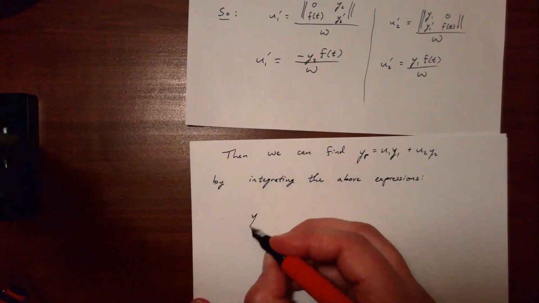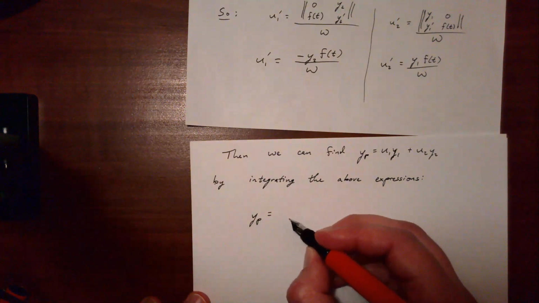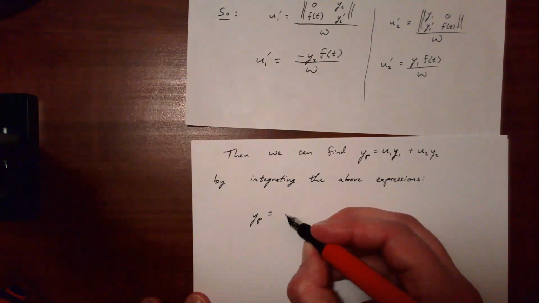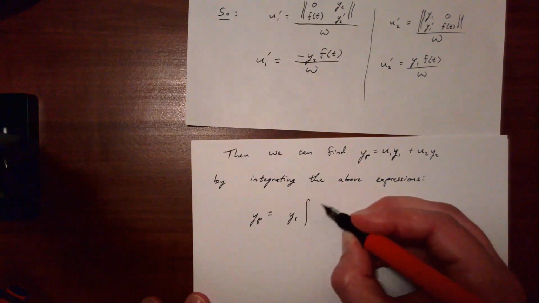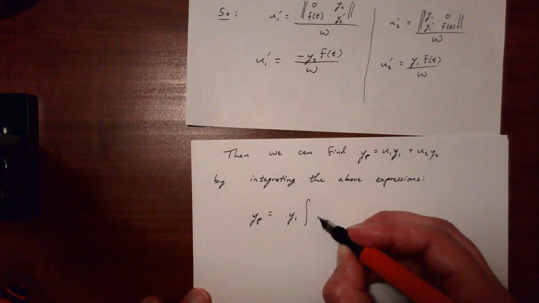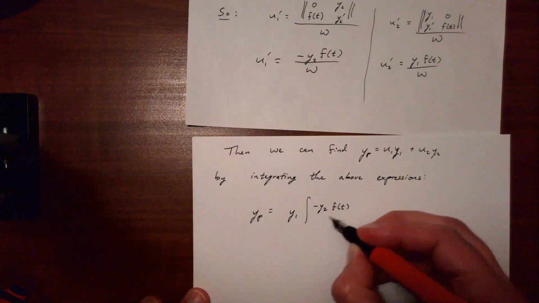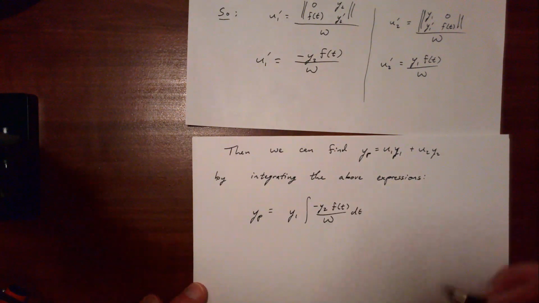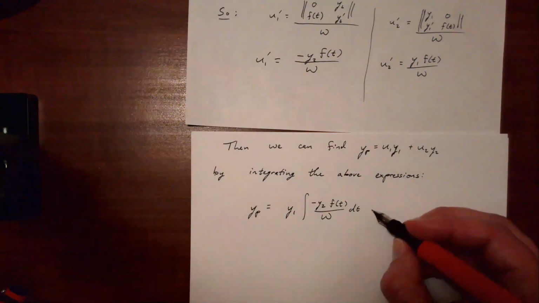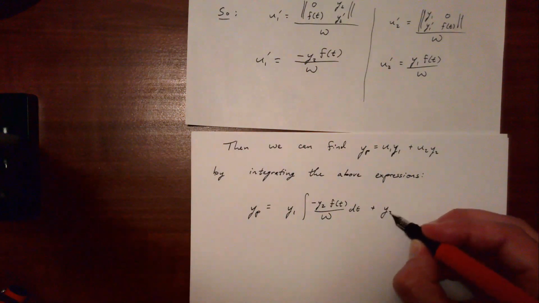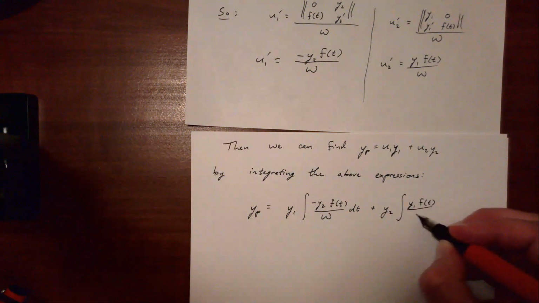And so yp is equal to y1 times u1, so it's going to be y1 times the integral of negative y2 f of t divided by W dt, and then plus y2 times the integral of y1 f of t divided by W dt.